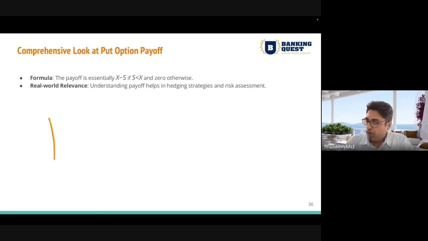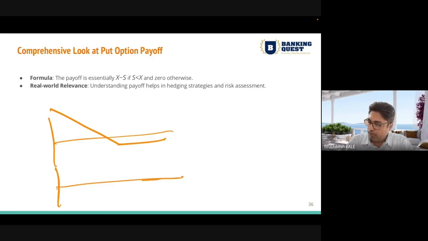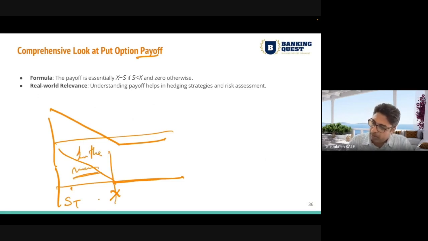So if you look at the formula again, let's see, we want to calculate payoff. So there will be no premium. So the formula will come like this, wherein this is exercise price. So you will only be in profit or in the money. This is in the money region. You'll only be in the money when your ST, that is today's price, is less than the exercise price.